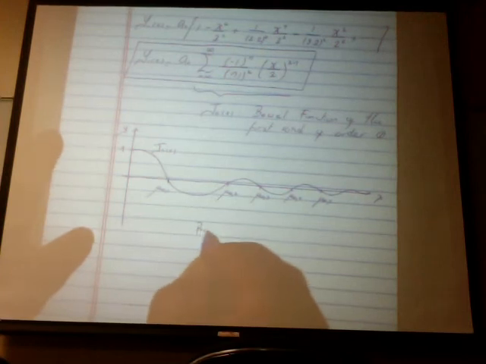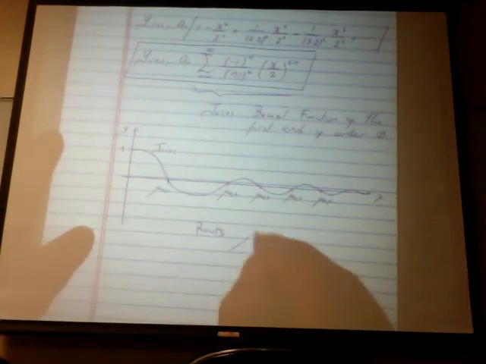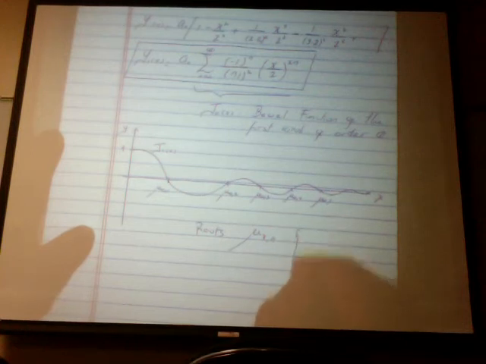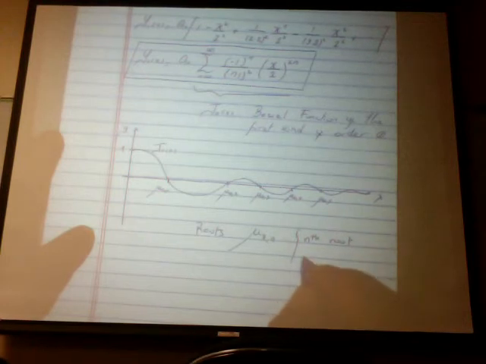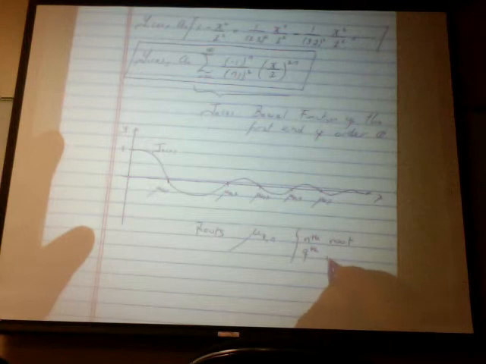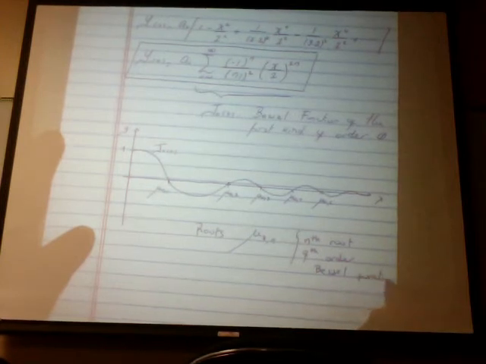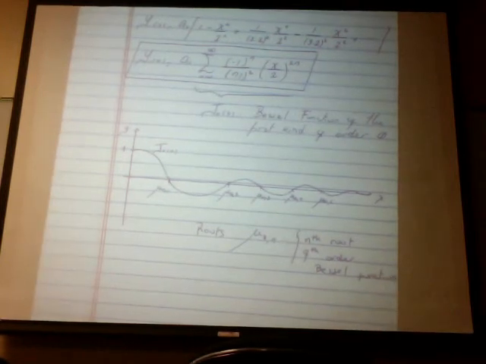So the roots mu k comma n: this is the nth root of the kth order Bessel function.